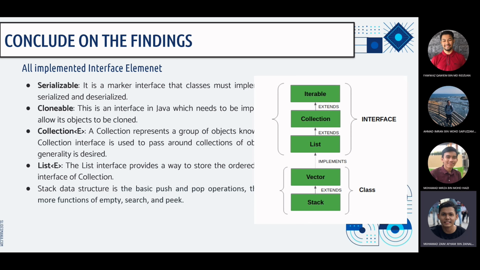Collection<E>: a collection represents a group of objects known as its elements. The collection interface is used to pass around collections of objects where maximum generality is desired. List: the list interface provides a way to store an ordered collection. It is a child interface of collection.